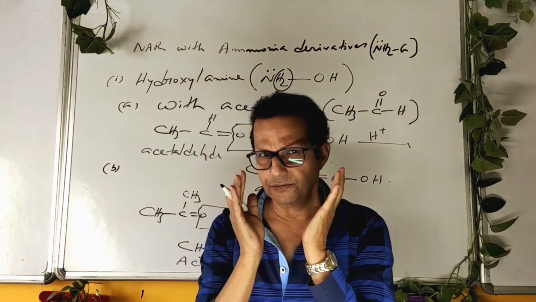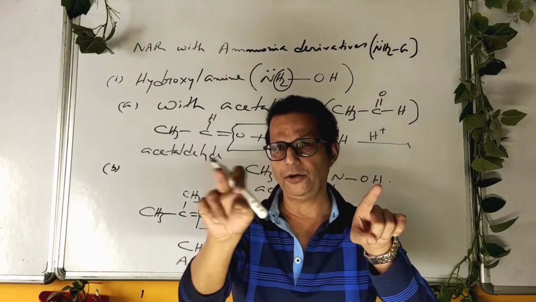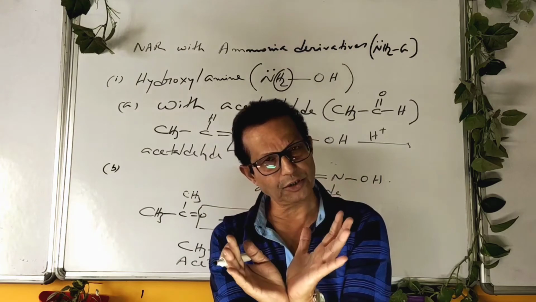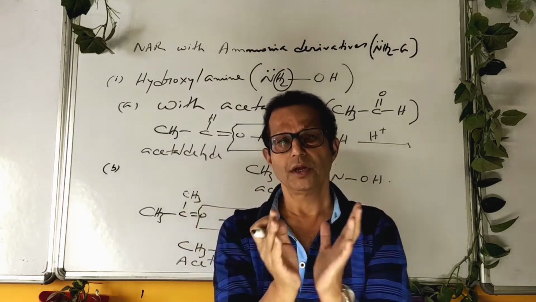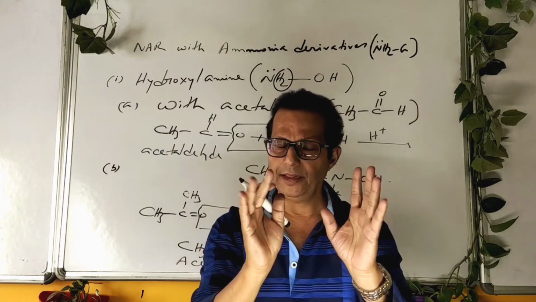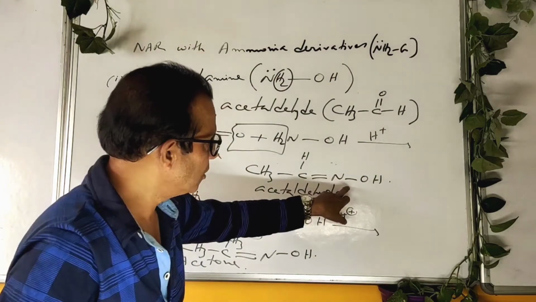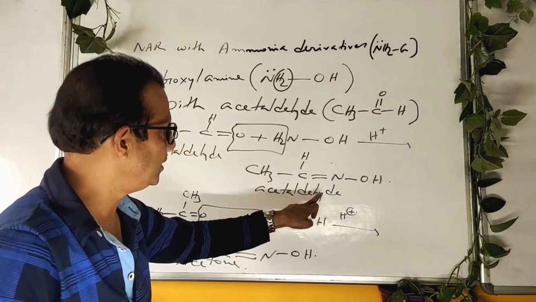Aldehyde functional group, formula C double bonded OH. Ketone is also functional group C double bonded O. Carboxylic acid also functional group. Similarly, double bond NOH called oxime. This compound is formed from acetaldehyde.